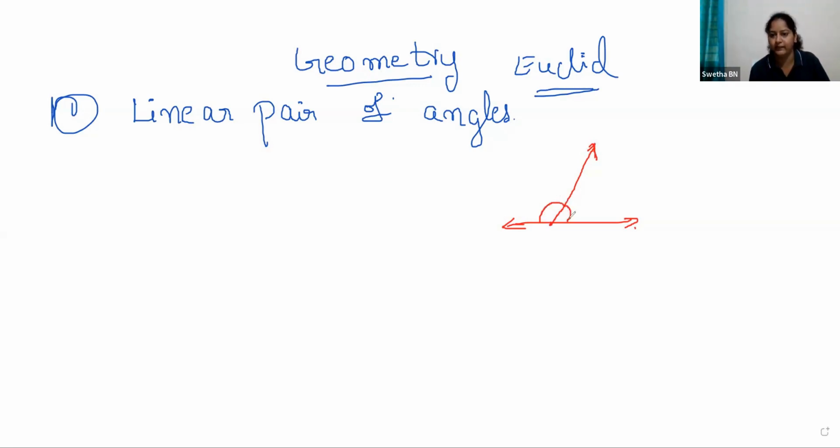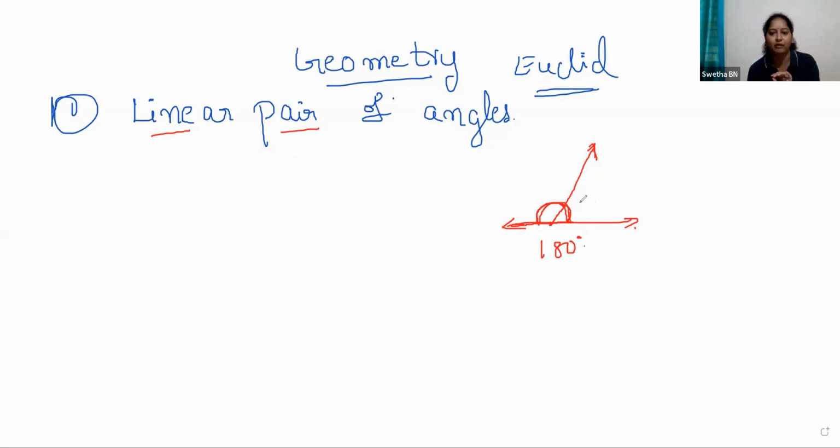These two angles are called a linear pair of angles. And what is the sum of these two angles? This is a straight line, so what is this angle? 180 degree, very good. The sum of these two angles should be 180 degree.